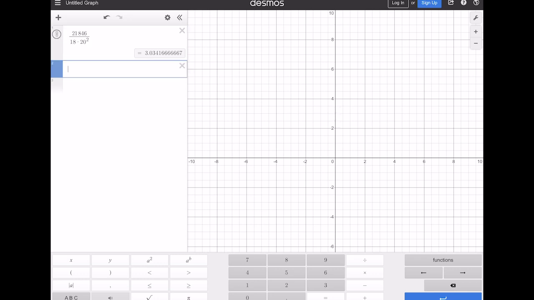If you try 20 to the third, it'll be too high. So 21,846 divided by 18 times 20 to the third. Yep, we get a number less than 1, so it's too high. So I'm going to take 21,846 and divide it by 18 times 20 squared. 18 times 20 squared is 7,200.